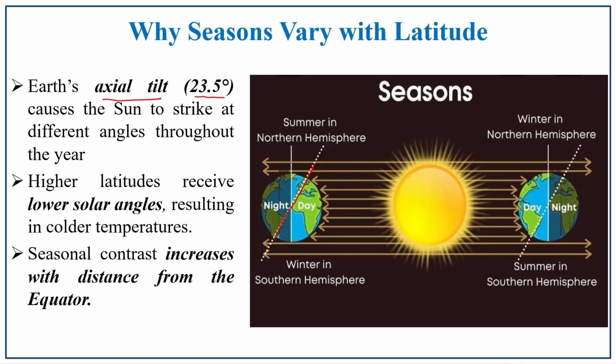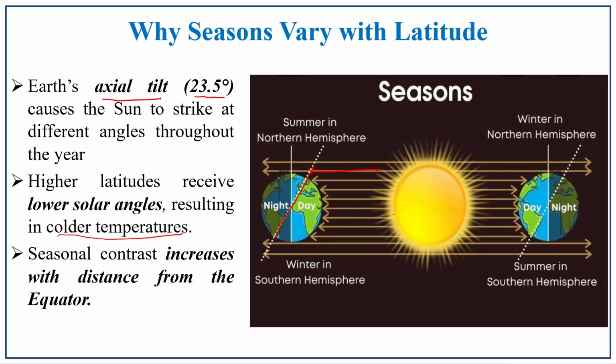So, as we have discussed earlier, here it is higher latitudes. In these higher latitudes, what happens? It receives only lower incoming solar radiation, so the earth experiences cold temperature in that latitude. And the seasonal contrast also increases with the distance from the equator.